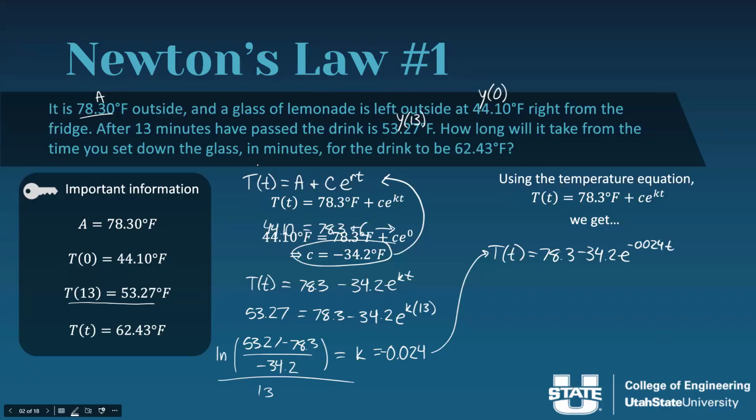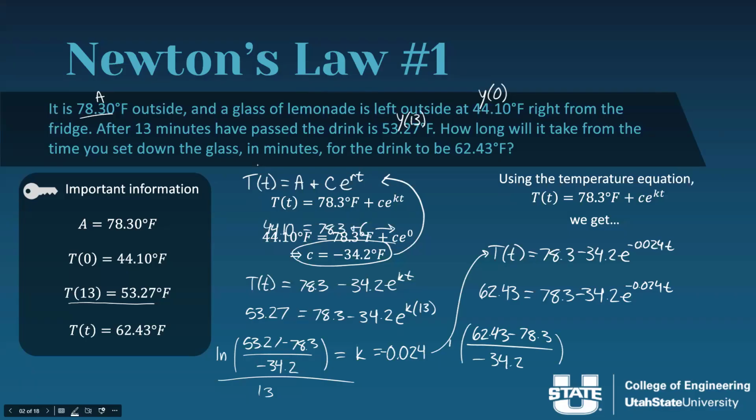So now we're just solving for t, which is going to be the similar procedure that we just did to solve for k. All right, so we're going to plug in all our pieces. 62.43 equals 78.3 minus 34.2 e to the negative 0.024 t. And now we're just going to rearrange everything so we can solve for t. 62.43 minus our ambient temperature divided by negative 34.2.